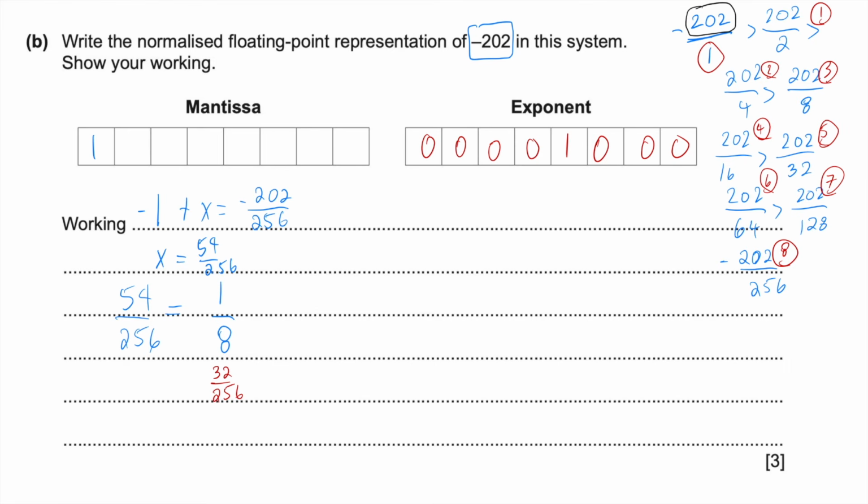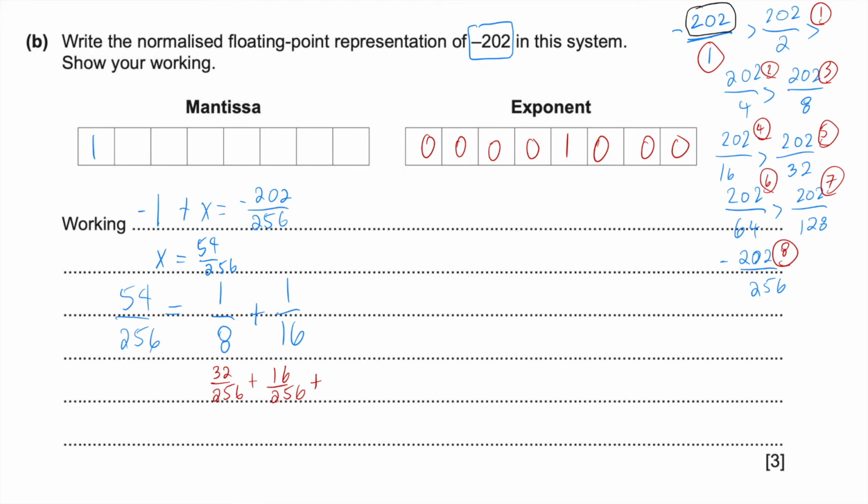So 1 over 16 is going to be 16 over 256. So I think we can safely add that. That's going to give us 48 over 256. So we still have 6 over 256 left.